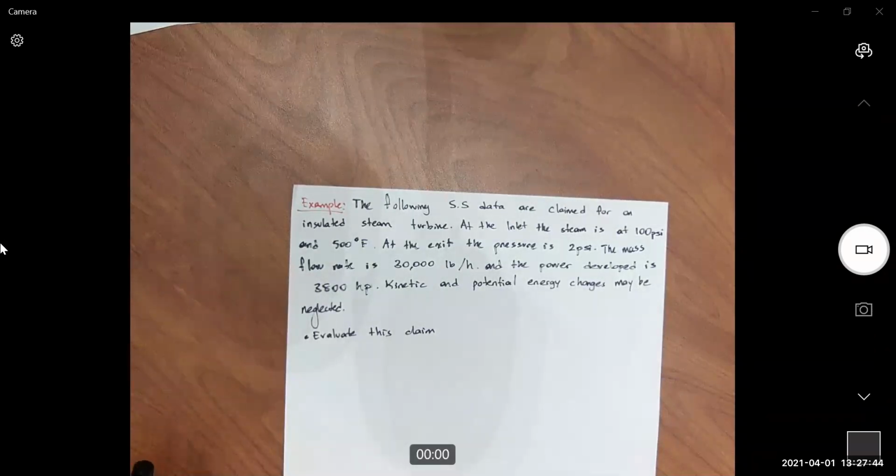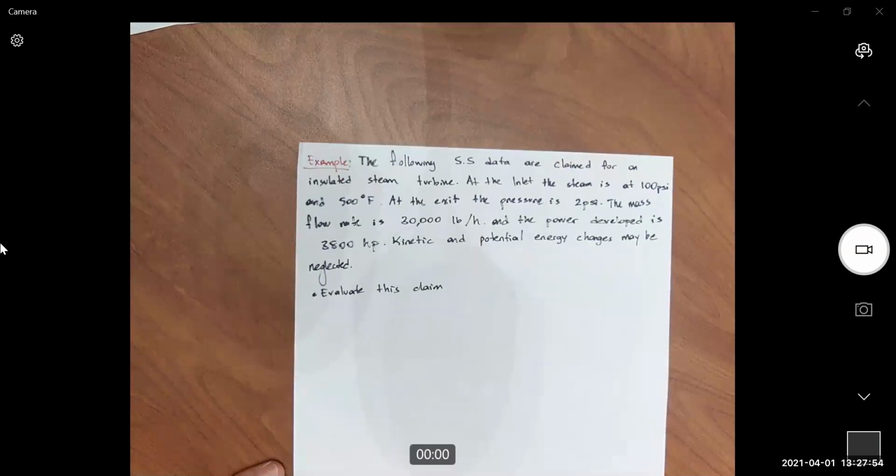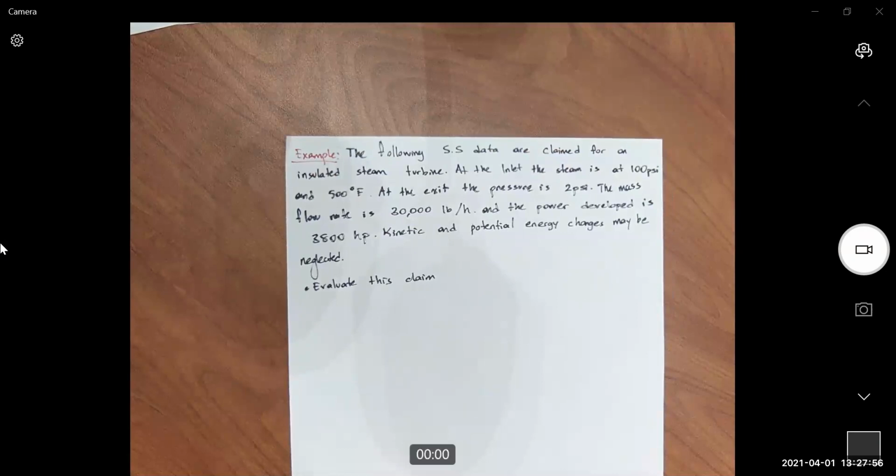Or I can also check the entropy generation, and determine the irreversibility, another way of checking the violation.